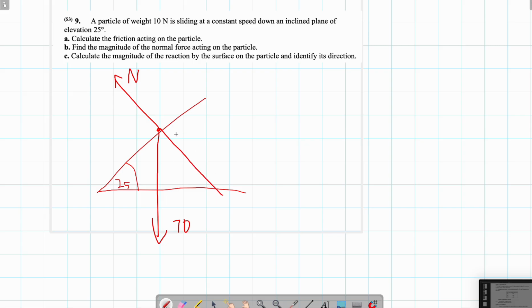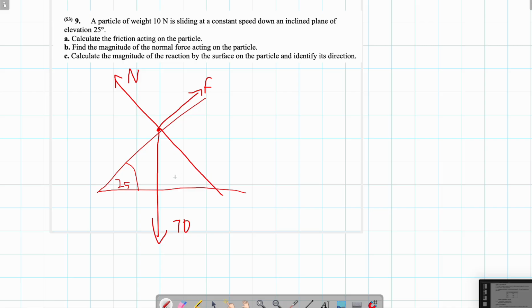Here we have the y axis, and since it's sliding downwards, friction would be opposing the motion, upwards along the plane. So friction will be like this. And these are all the forces we have.